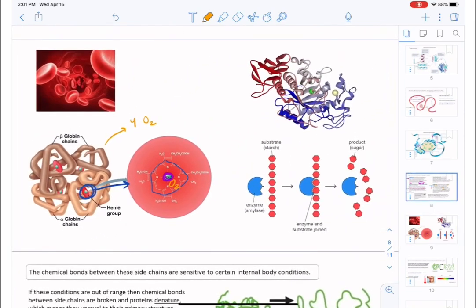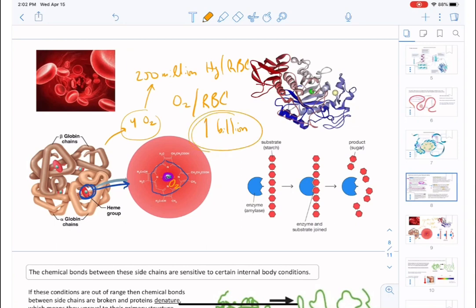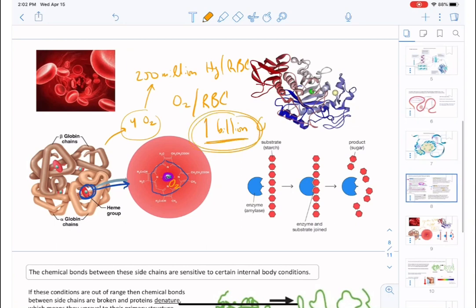And if you have 250 million hemoglobin molecules per red blood cell, then how many oxygen molecules can be carried per one red blood cell? Well, you have 4 oxygen molecules per hemoglobin. You multiply those, and that means that each red blood cell is carrying about 1 billion oxygen molecules in it, which is pretty astounding.